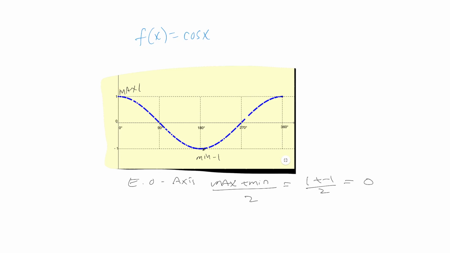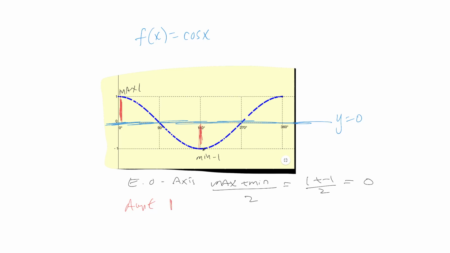In other words, this line here that I'm drawing in blue is also my equation of the axis. We'll call it y equals 0, very similar to the sine wave. What is my amplitude? Amplitude means the distance from the max to the equation of the axis. In this case, it's going to be 1. If you're not too sure visually, you can actually calculate this.